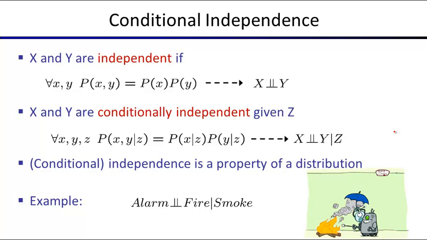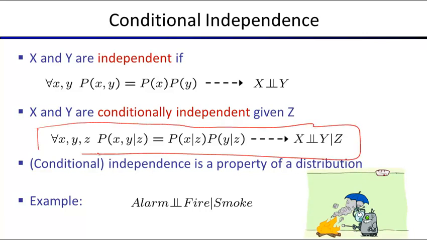The assumption we made, conditional independence, was a key thing. The conditional independence of the variable xi from all preceding variables that are not its parents, given its parents. And remember, this was the definition of conditional independence over here. And this is how we denoted it. Alarm is independent of fire if you have observed the smoke variable.